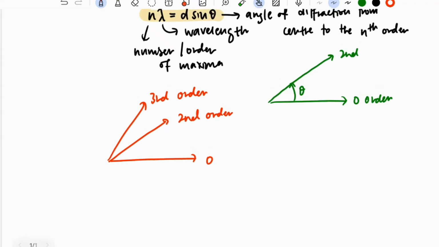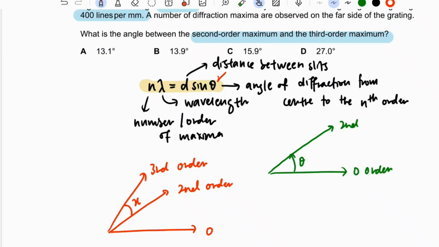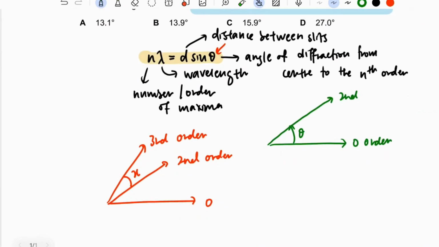So they want us to find this. But the theta in the equation gives us the angle from the center to its nth order, basically, whether you want second order or third order. So if you want second order, you sub in 2 here. You want third order, you sub in 3 for n there.